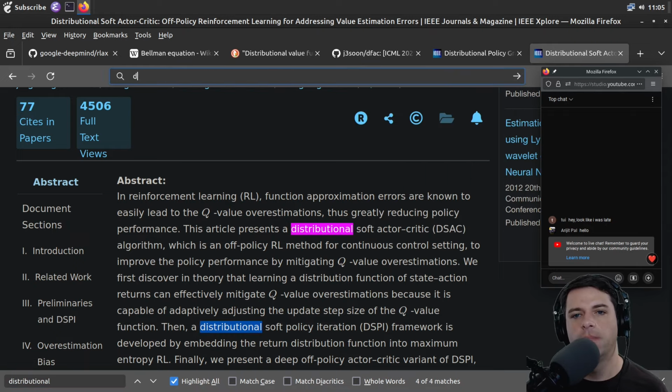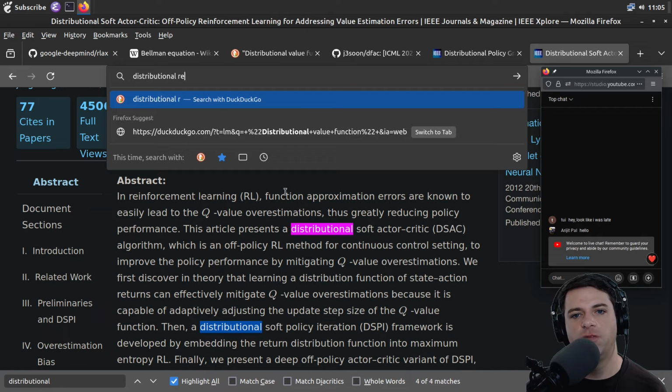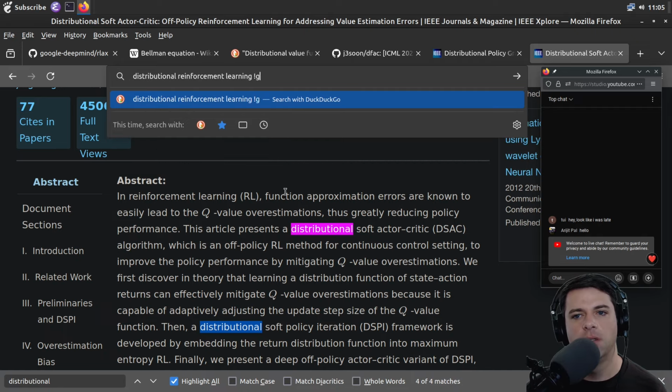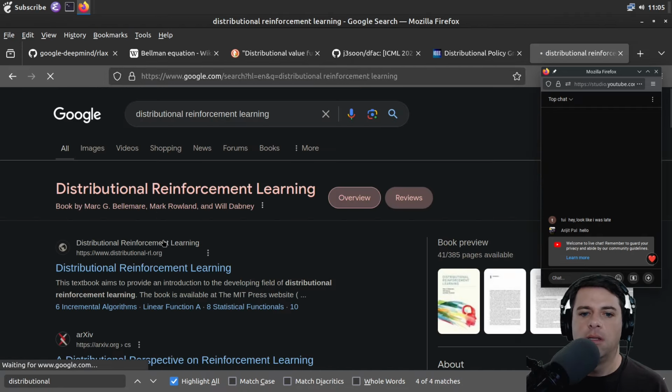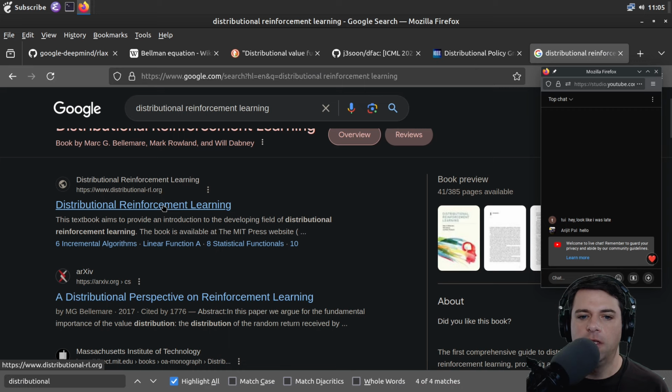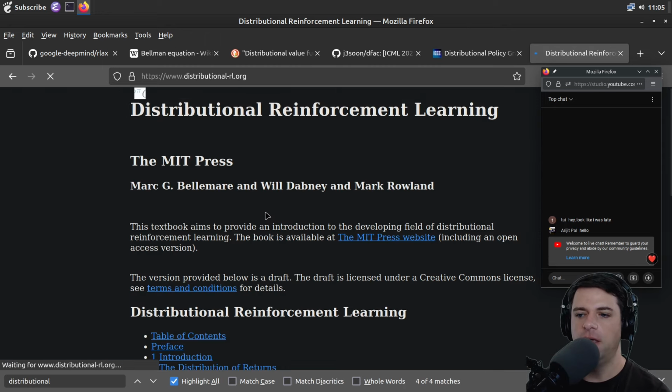No. How about just distributional reinforcement learning? This textbook aims to provide an introduction to the developing field of distributional reinforcement learning at the MIT Press.